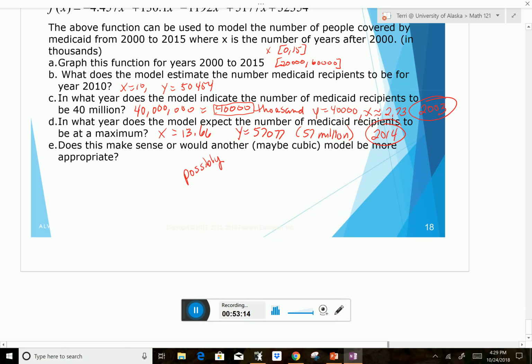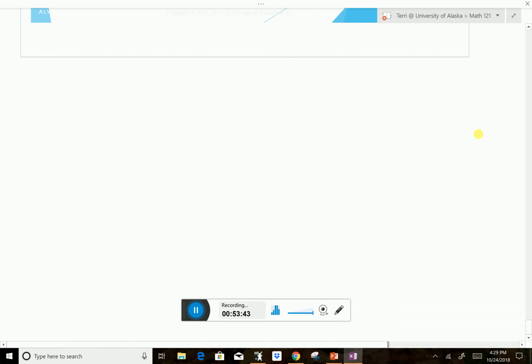I can see it coming up. We don't know what's going to happen, but maybe a different model would be more appropriate, one that continued to rise, simply because of the population increases. Okay. And so that is it.